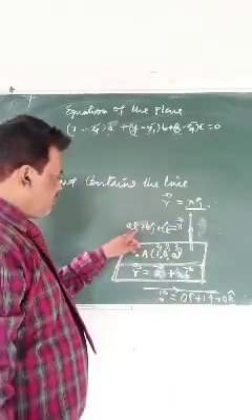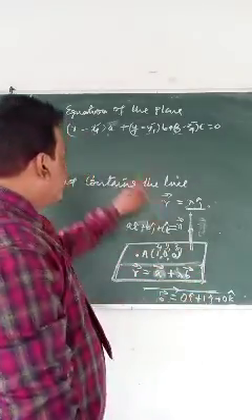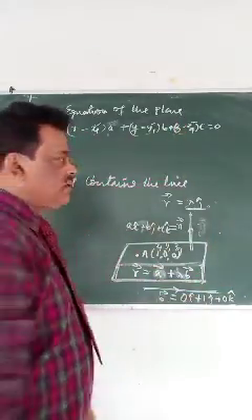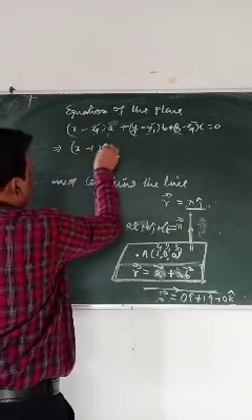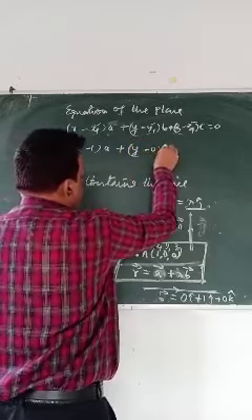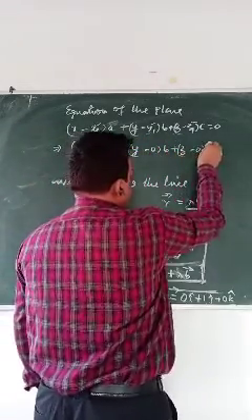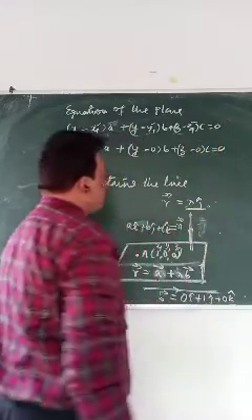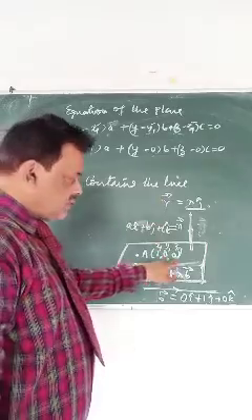If you can find a, b, c using this relation, then your equation is ready. This implies a(x minus 1), b(y minus 0), c(z minus 0) equals 0. What is that? x1, y1, z1.